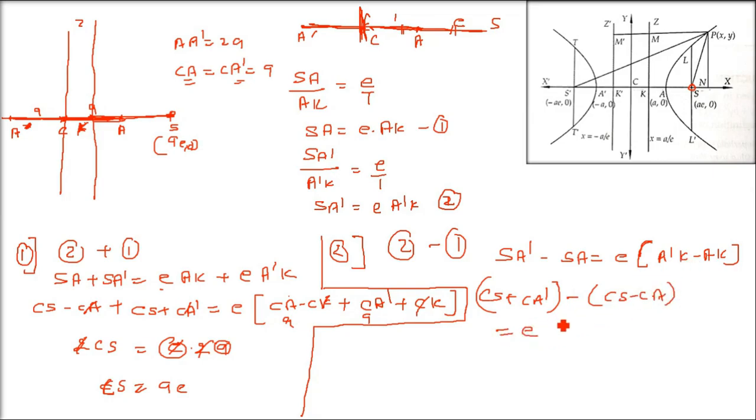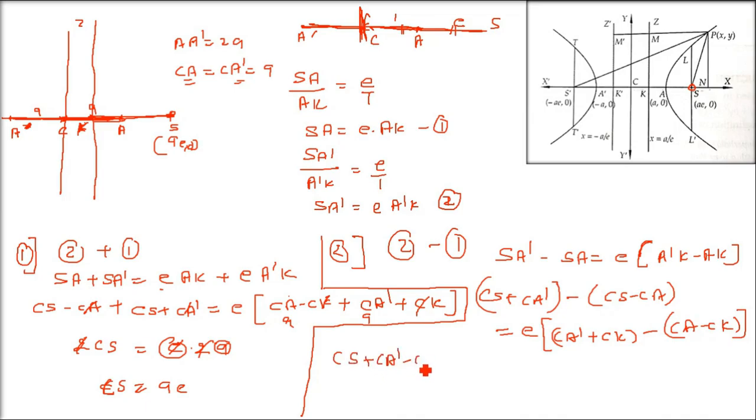So it is CS minus CA, times e. A dash K was what? A dash K was CA dash plus CK. So just write CA dash plus CK. I'm just taking what we have done in the first part. Minus, what was AK? AK was CA minus CK. Just write it here. Okay, now expand it, means open the brackets.